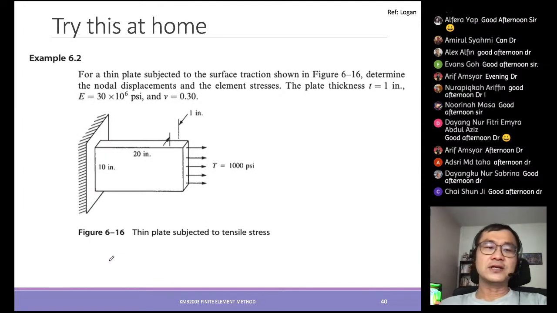So again, for example number 2, it's very similar. This is a plane stress problem, very straightforward. You can see that the force is along this particular plane, right, along this particular plane. Therefore, we just assume a plane stress problem, with the thickness.